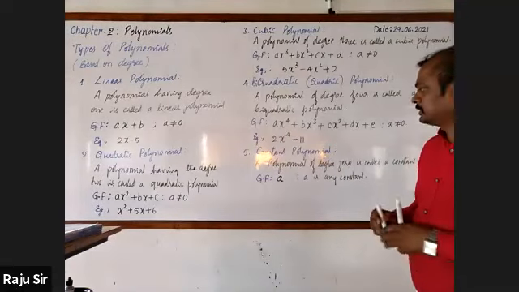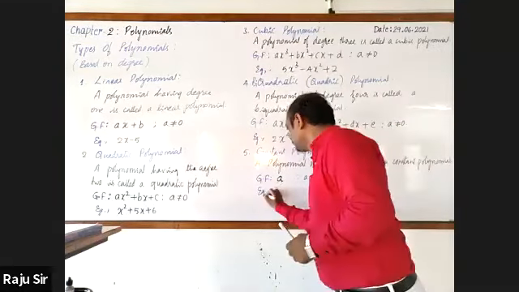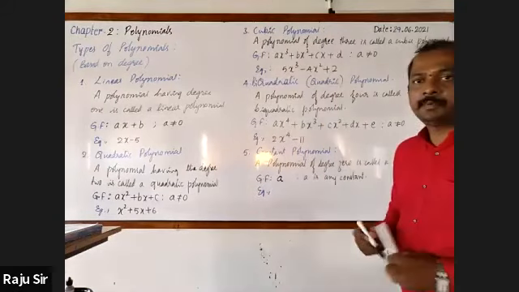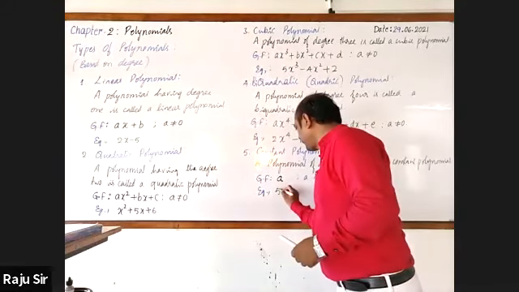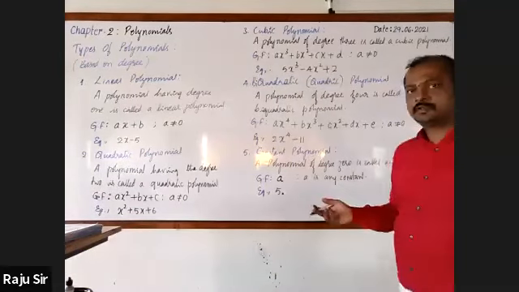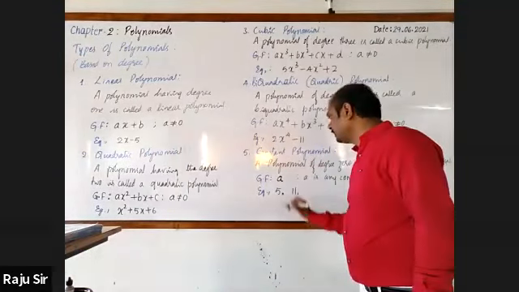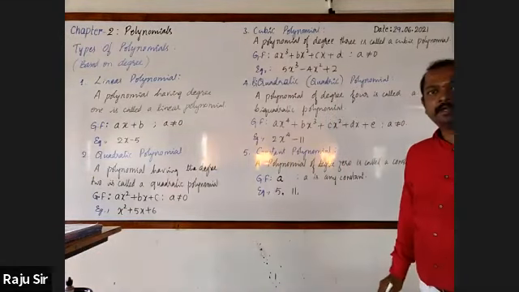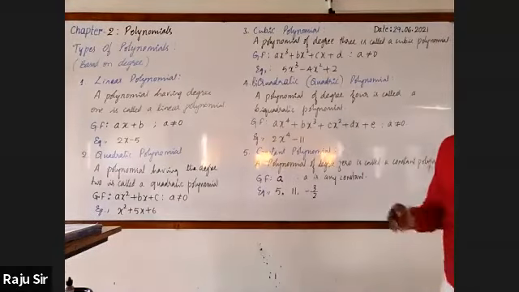Let me take an example for this. One example is 11. So then you can write any number of constants. What about 11? Is it a constant polynomial? Yes, sir. Minus 3 by 2 is a constant polynomial.